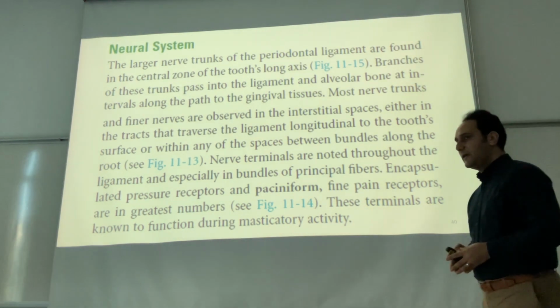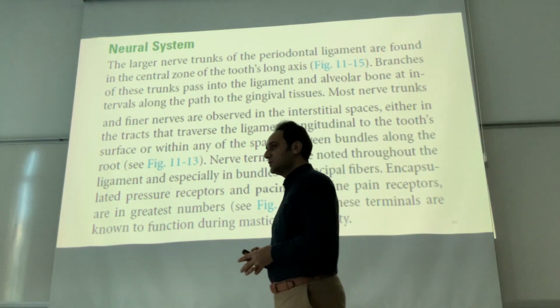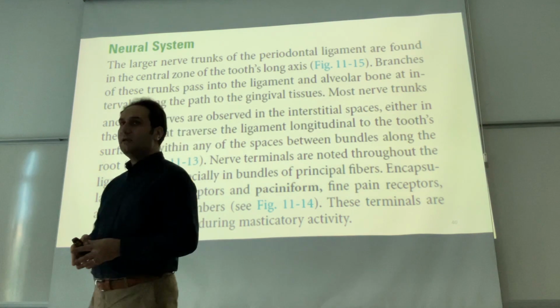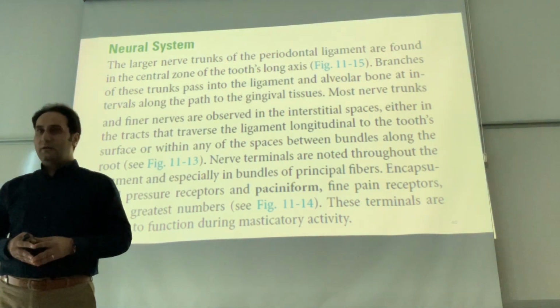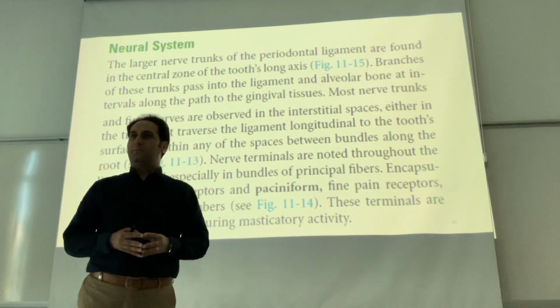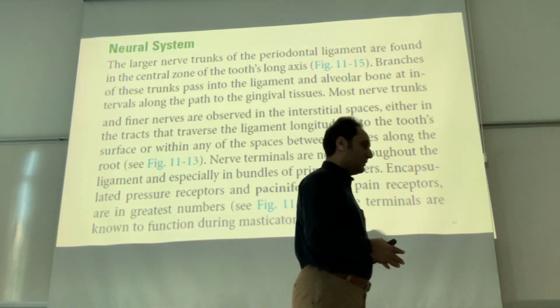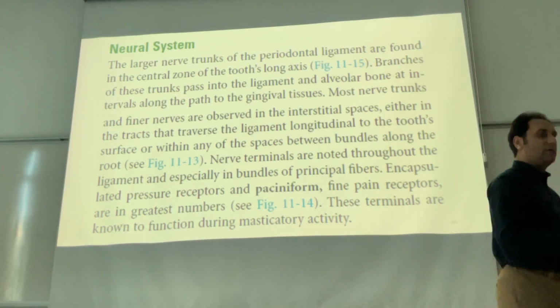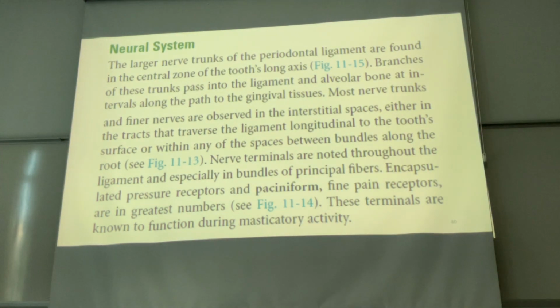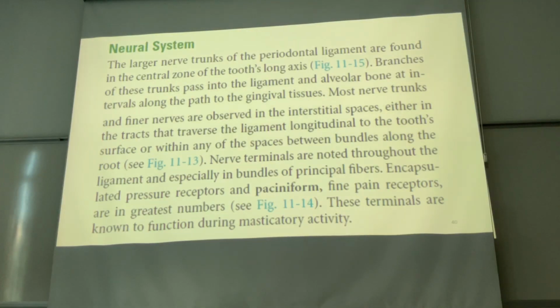Our masticatory system nerves are present in the periodontal ligament, with pressure which induces our periodontal ligament. Some nerves in this part can be induced and transfer the information from the periodontal ligament to our central nervous system.